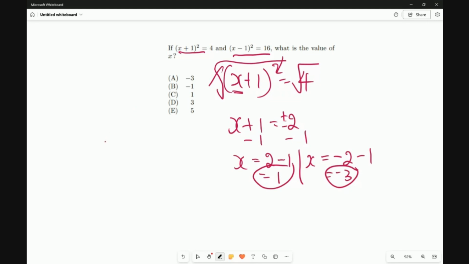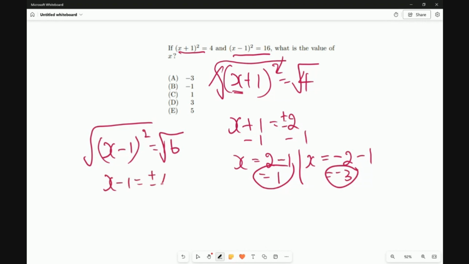We have (x−1)² is equal to 16. Again, we're going to take the square root of both sides, and so we have x−1 is equal to plus or minus 4. Again, we're going to add 1 to both sides. So either x is going to be 4 plus 1, or x is going to be negative 4 plus 1.